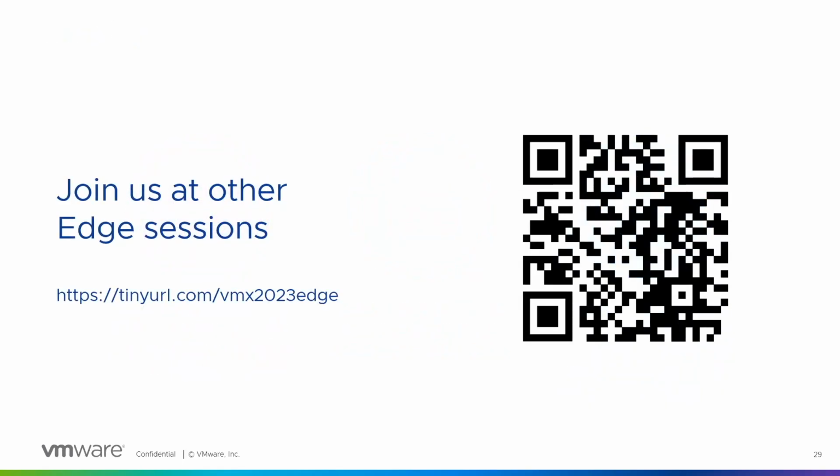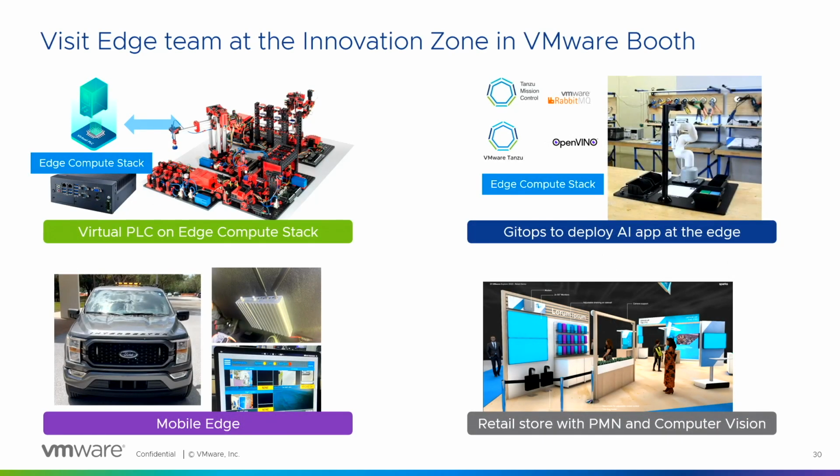If you're interested in learning more about edge compute, there are multiple sessions that you can register for or go back and re-listen to the recording. We also have a lot of exciting demos, and you're going to see more than just a monitor and a keyboard.